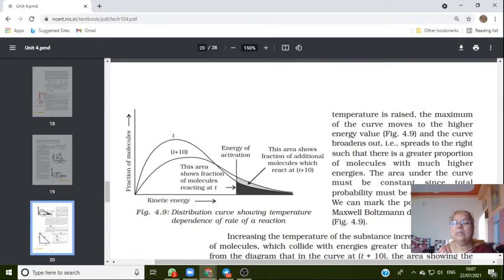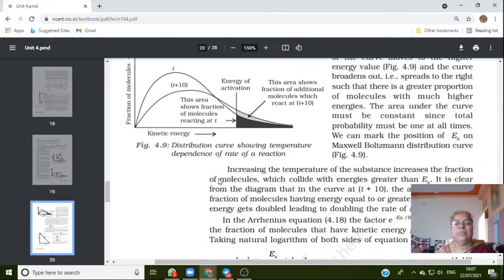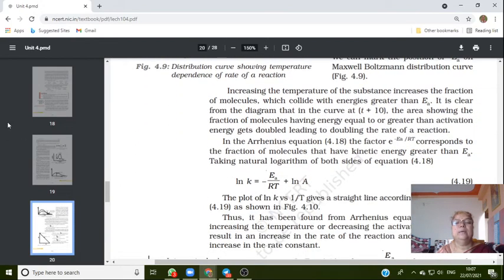We can mark the position of EA on the Maxwell-Boltzmann distribution curve. The integrated form of the Arrhenius equation we can write like this.